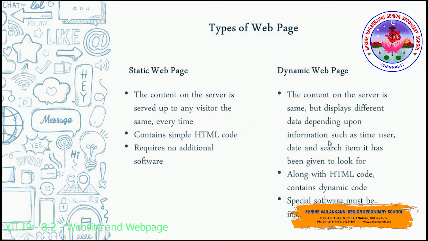Along with HTML code, it contains dynamic code, using script languages like JavaScript or VBScript, written inside the HTML code. It requires special software that must be installed on the server to display dynamic web pages. So these are all the types of web pages, and this is the comparison between static and dynamic web page.